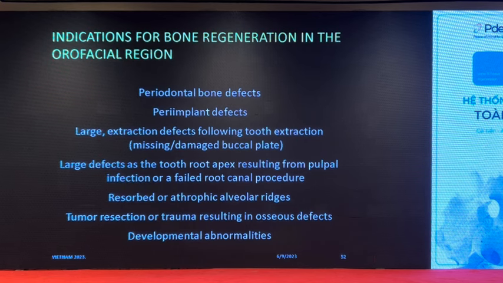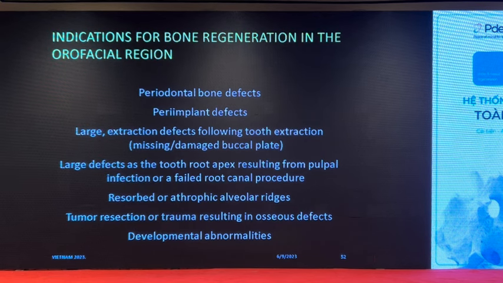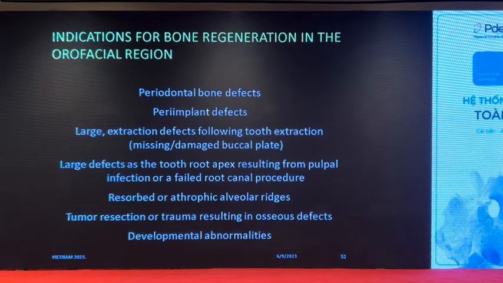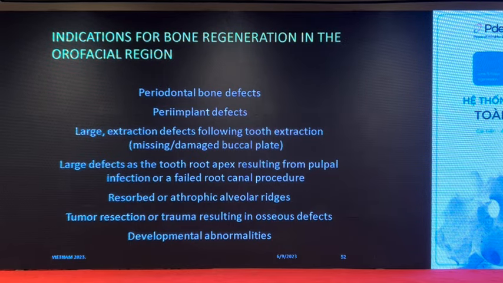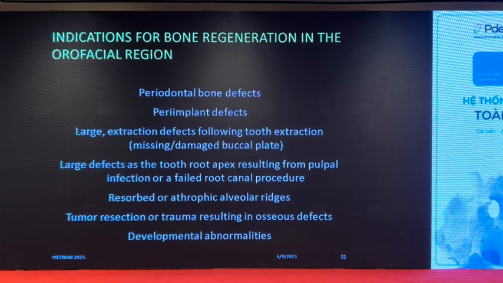Also large defects, such as at the tooth root apex, resulting from pulpal infection or a failed root canal procedure, resorbed or atrophic alveolar ridges, tumor resection or trauma resulting in osseous defects, and developmental abnormalities. So you can see that there is a large number of indications for using augmentation materials.